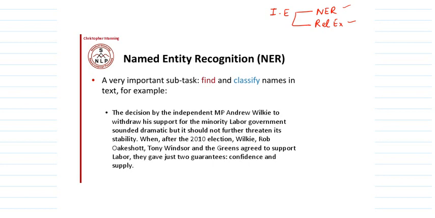So what is an entity? An entity is something that has some physical existence, and it is also discrete or countable in nature. There are a lot of entities in this world. I have a computer in front of me, so the computer is an entity, but it is not a named entity. It does not have any specific name.